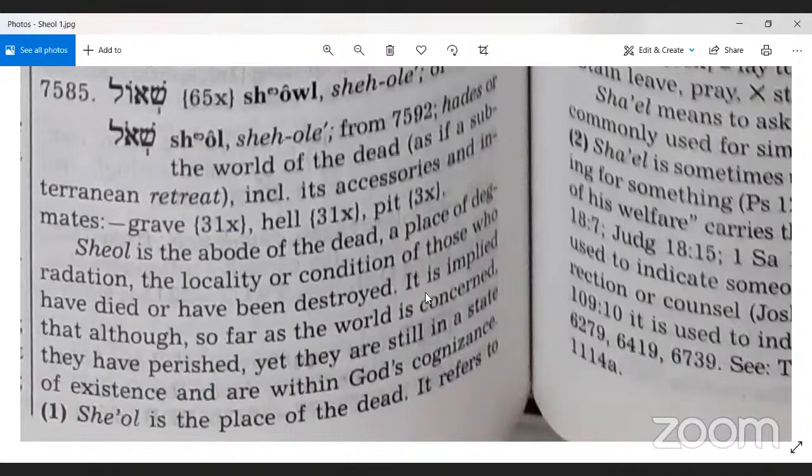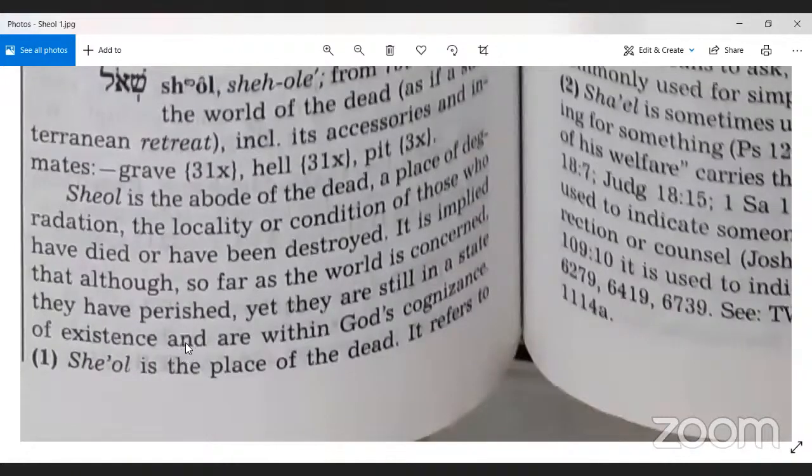The implication is these dead people are still in a state of existence. So they're not really dead, right? And then we see conjunction and. Conjunction and.